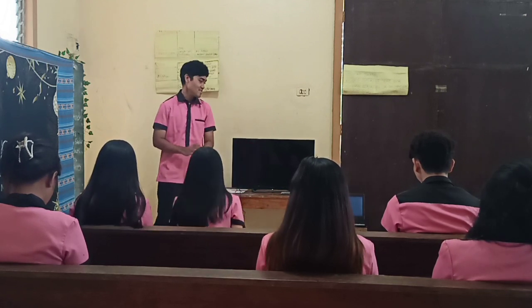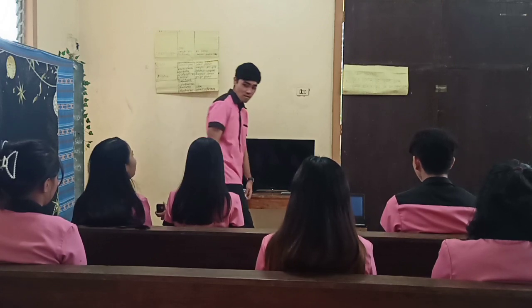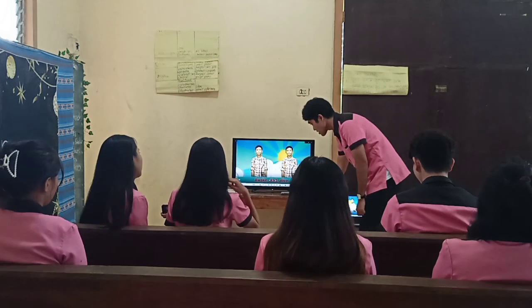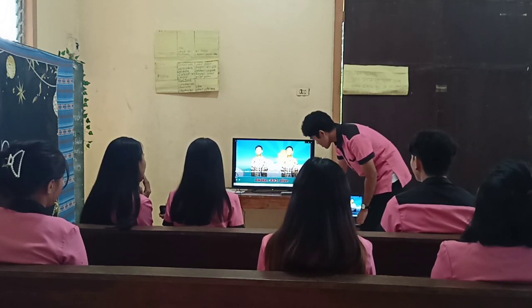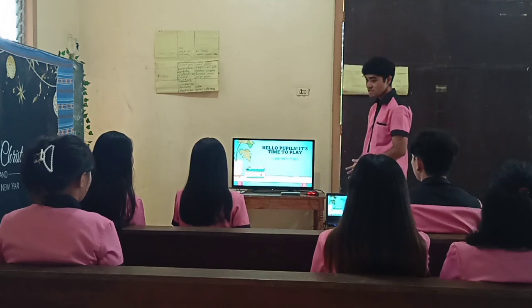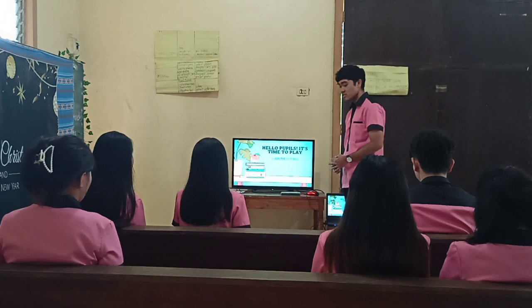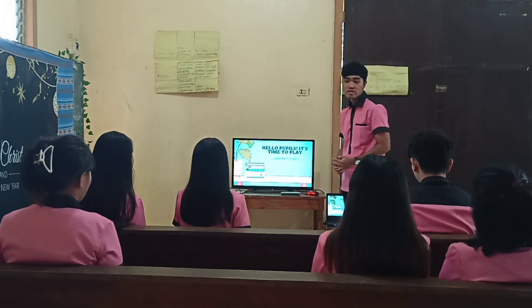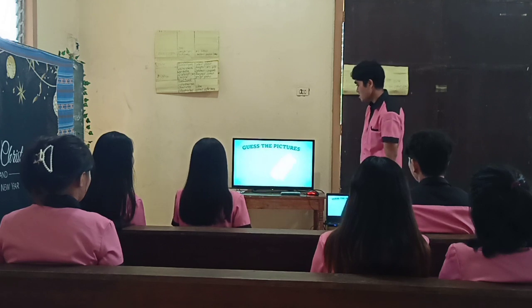Okay, great. So now I have pictures here of things found in our houses. So name each picture and tell me what they are made from. So here's the first image.